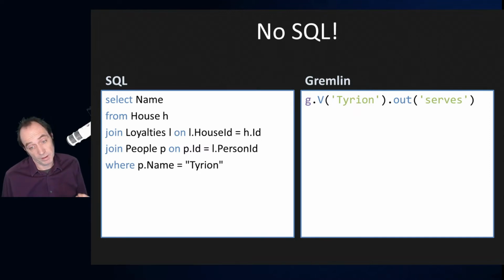Because if we're using a relational model, we're going to be building up a query like this to be able to select from the various relationships if we're interested in loyalties on various people. Whereas in Gremlin, we do something like this. We do g.V Tyrion.out serves. And what I'm looking for is basically anybody who is serving Tyrion, and I'm able to build up that relationship in a very, very simple and very efficient query.